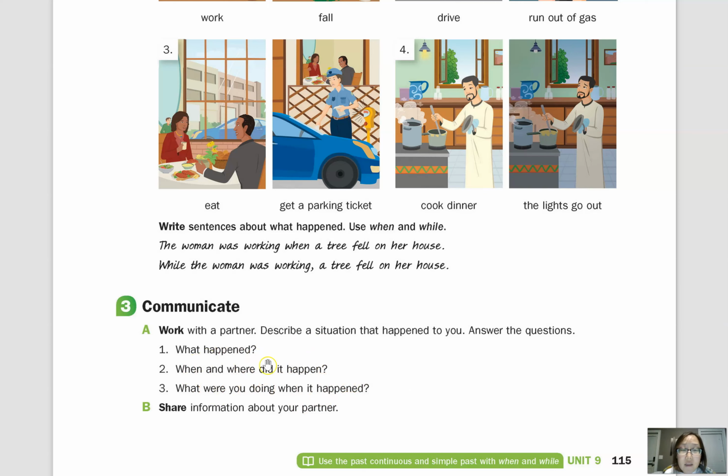So you can make 3 separate sentences, or you can make one long sentence with all 3 of these. So you can pause the video and make some sentences, just a few, and then you can continue when you're finished.